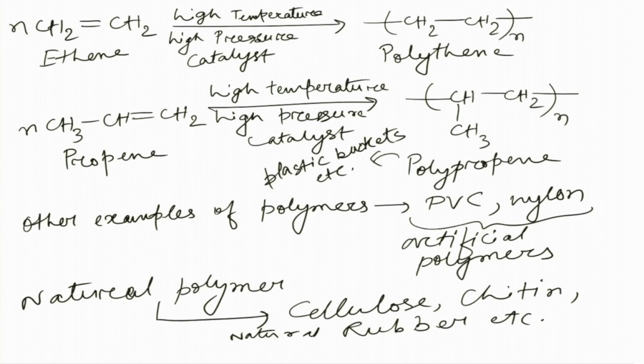So, these were the reactions of alkenes. Next, we will study about alkynes. Alkynes are the unsaturated hydrocarbons which have at least one triple bond between two carbons. Okay. So, now let us study alkynes. Alkynes, okay.